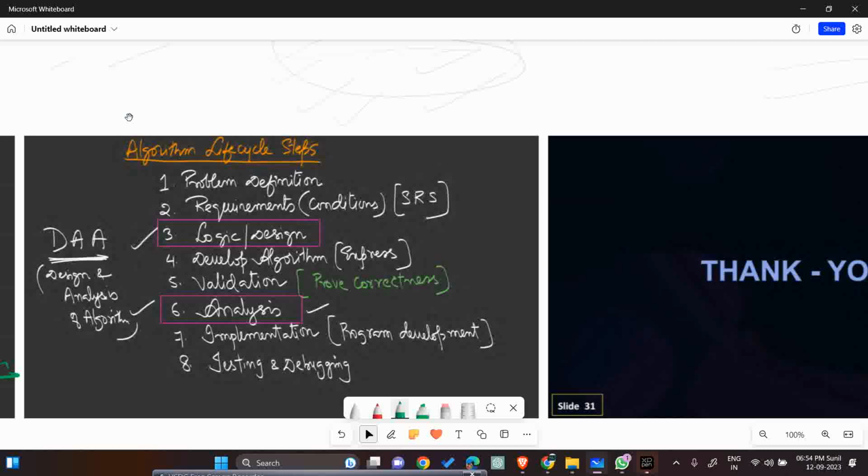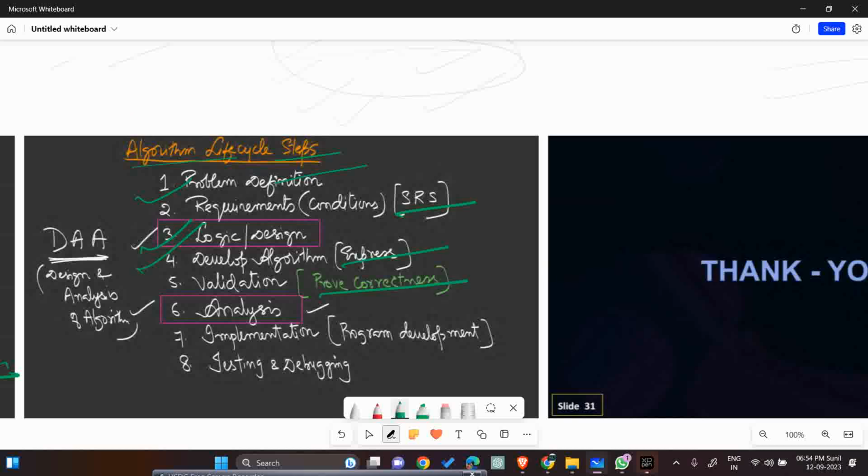Further is the algorithm lifecycle. First is problem definition. Requirements, conditions, SRS, and logic design. Then develop the algorithm. Express that.